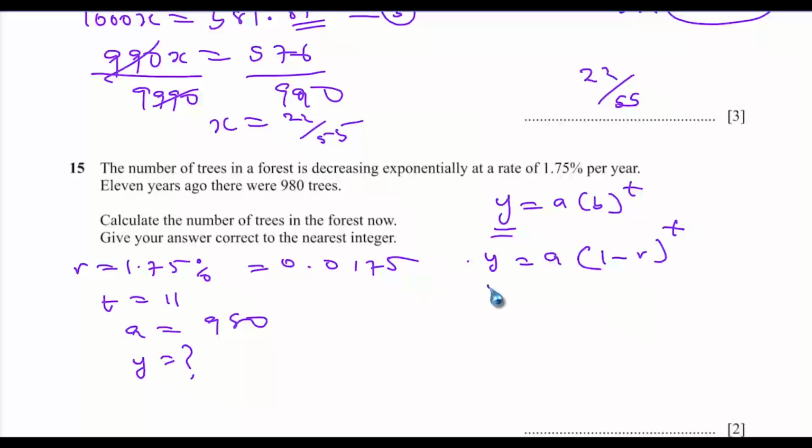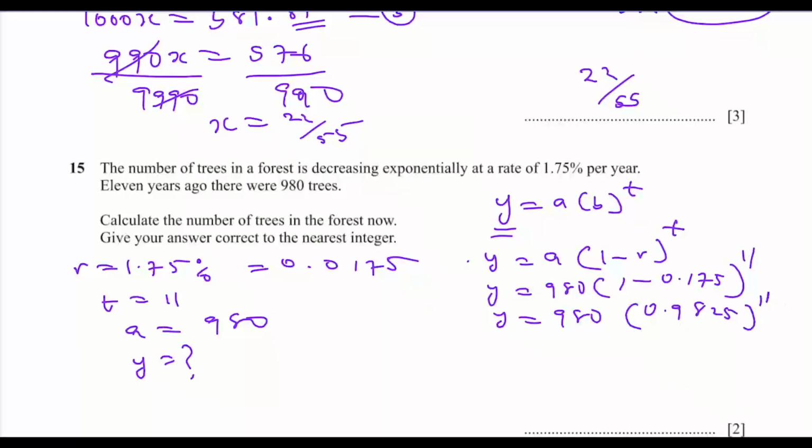So let's key in the values. We have y to be equals to a is 980 into bracket 1 subtract 0.0175 to the power of 11. So this will give us y to be equals to 980 into brackets 0.9825 to the power of 11 if you subtract 0.0175 from 1. And finally, we need to find the value of 0.9825 to the power of 11.